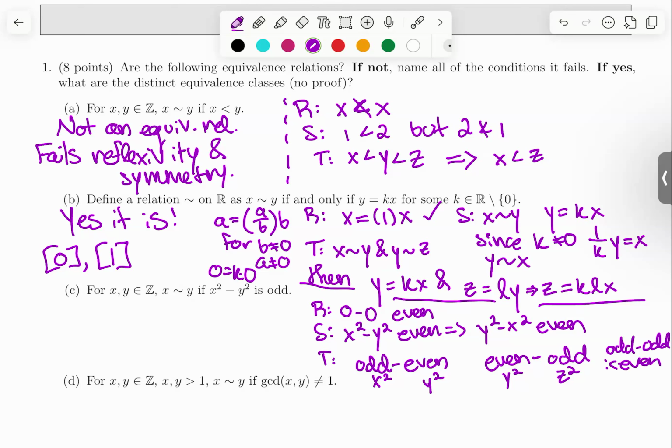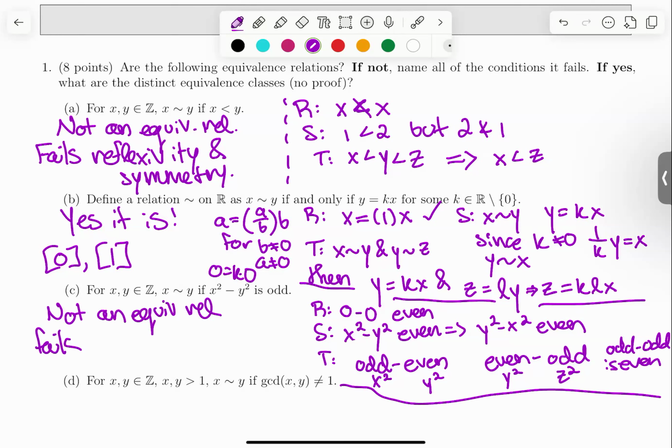And again, you're not expected to write a whole proof. Okay, so not an equivalence relation. I know I'm running out of room, but you wouldn't need to write all this stuff. It fails reflexivity and transitivity.